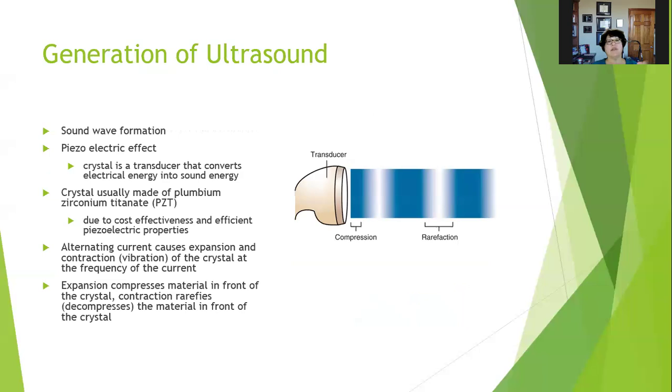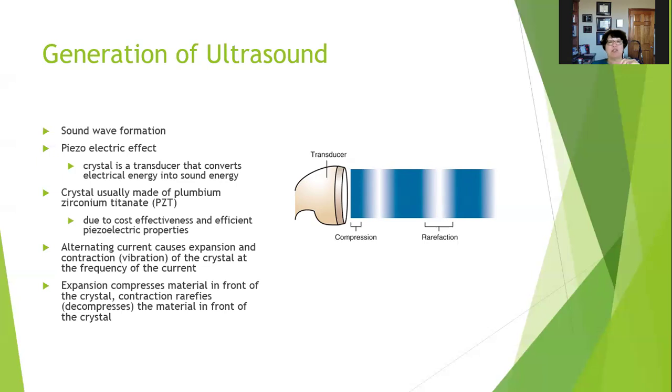The sound wave is formed by what's called the piezoelectric effect. There's a crystal in the ultrasound head that's a transducer that converts electrical energy into sound energy. So the crystal's usually made of lead zirconate titanate, which is a synthetic crystal. It's very cost effective and efficient, and it has those piezoelectric properties where it converts electrical energy into sound energy.